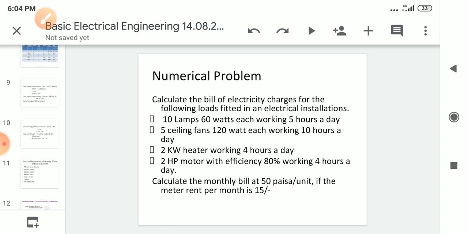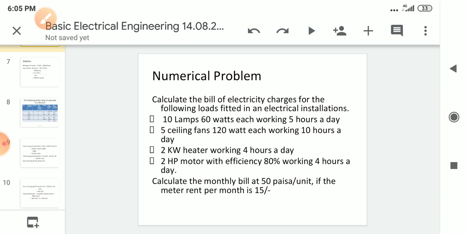A 2 kilowatt heater working 4 hours a day. A 2 HP motor with efficiency 80% working 4 hours a day. Calculate the monthly bill at 50 paisa per unit if the meter rent per month is 15 rupees.